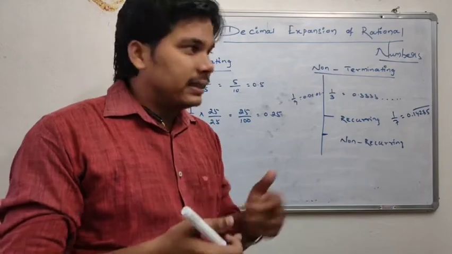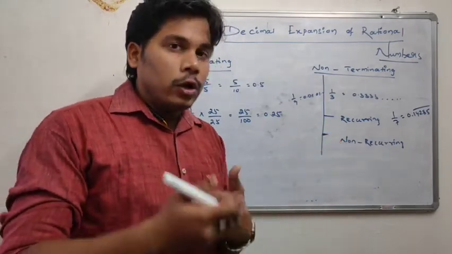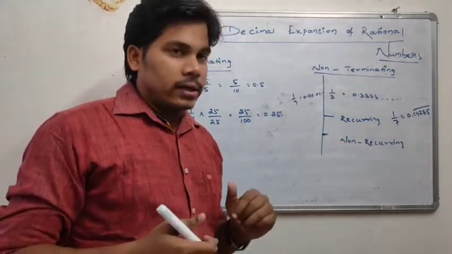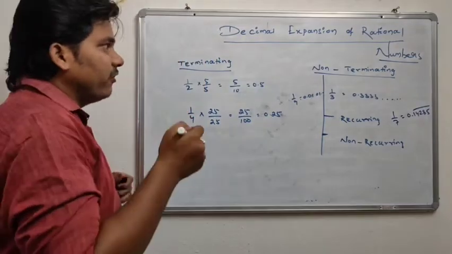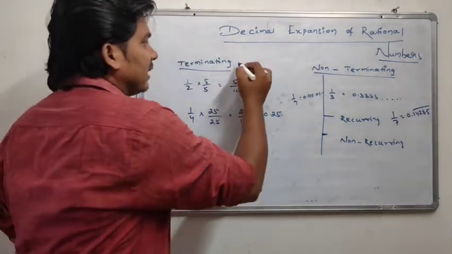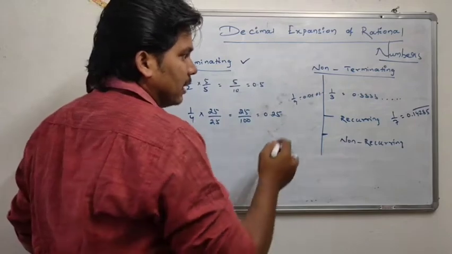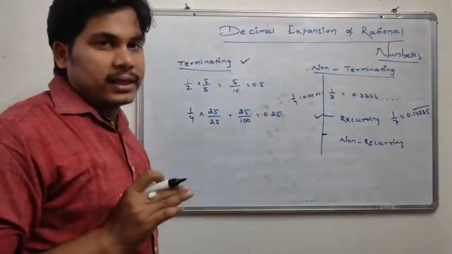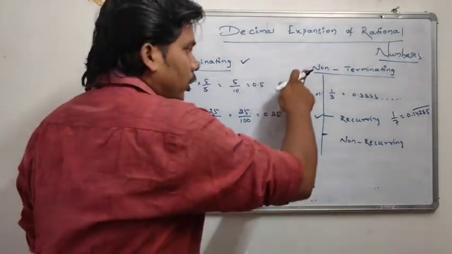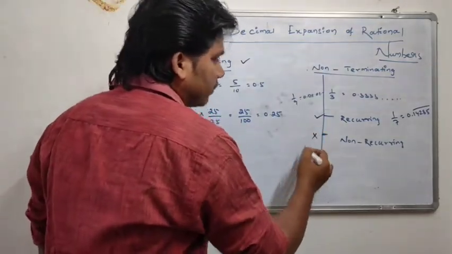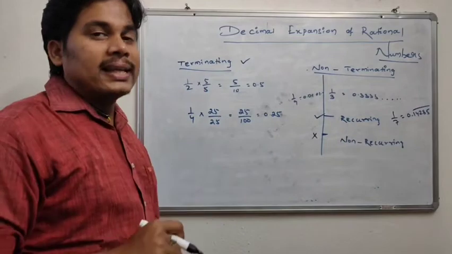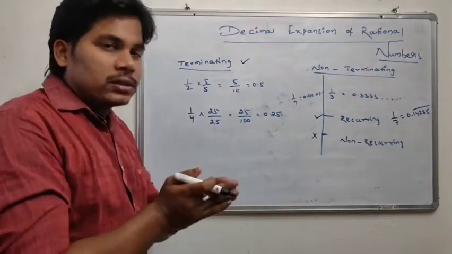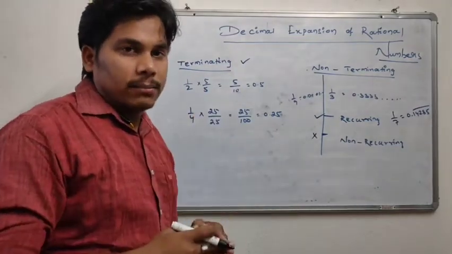If it repeats, this is recurring. If it does not repeat, this is non-recurring. Generally, a terminating decimal expansion and a non-terminating recurring decimal expansion are said to be rational numbers, and a non-terminating non-recurring decimal expansion is said to be an irrational number, and all these numbers are under the real numbers.